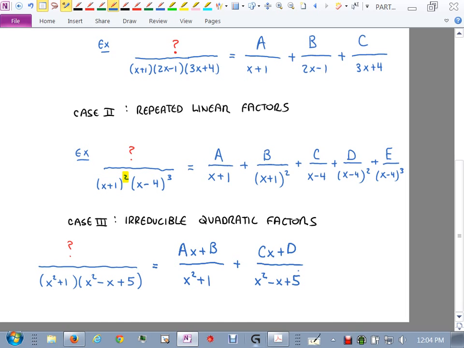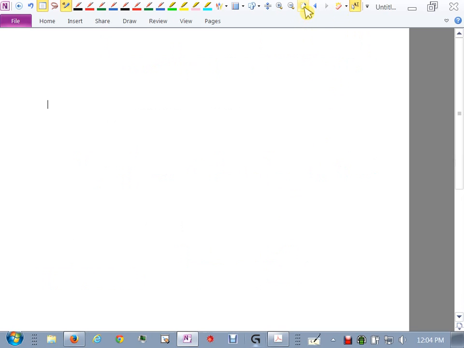And then case 4, the last one. What do you think would happen if you have a repeated irreducible quadratic factor? You have to go one for each power, right, and keep the powers coming up.